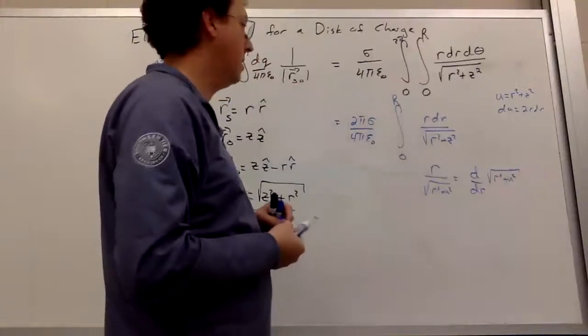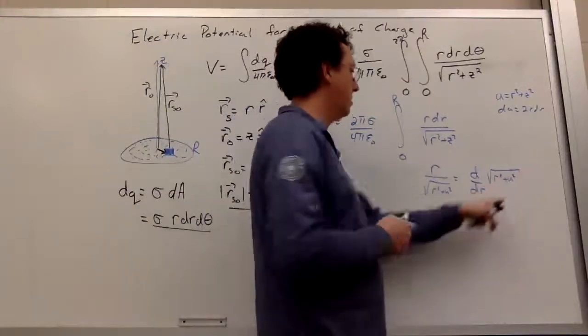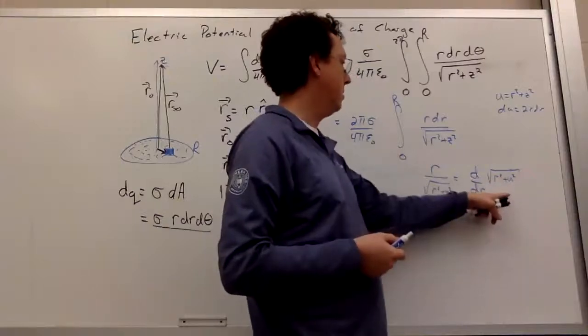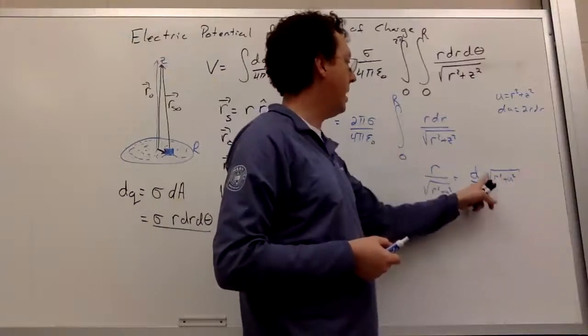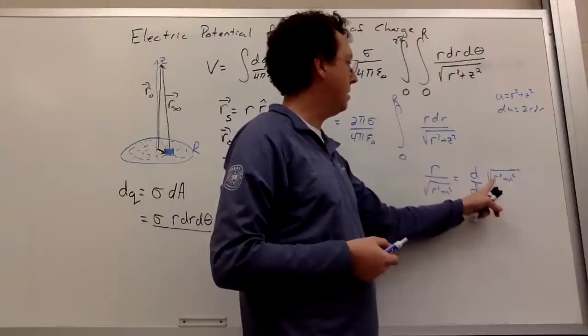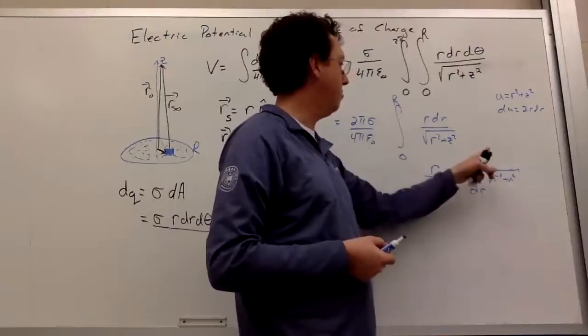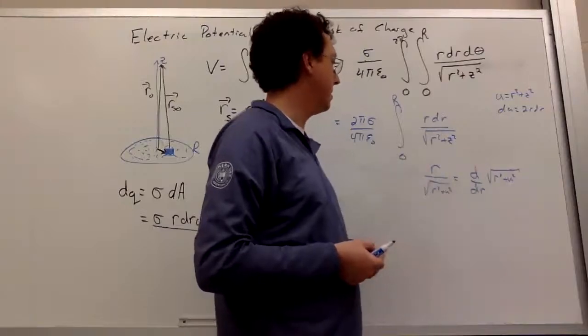Let's think about that. If I take this derivative, you get a 1 over square root, blah, blah, blah. And then the chain rule, and you get a half because it was a half power. And the chain rule says you have 2r. And the 2 cancels the half, and you get exactly that.